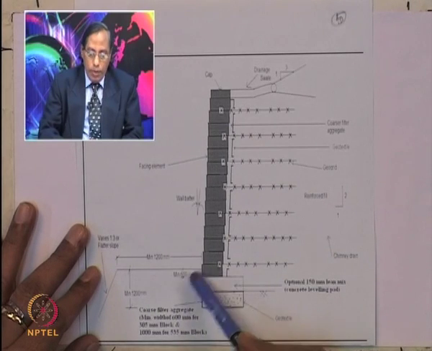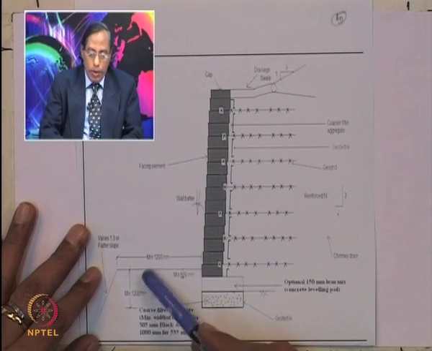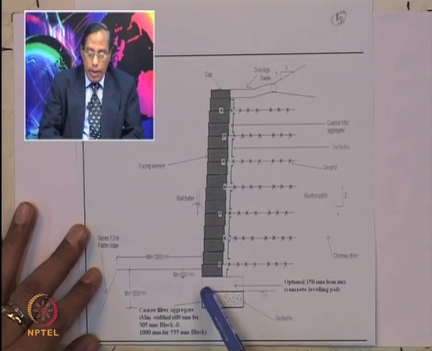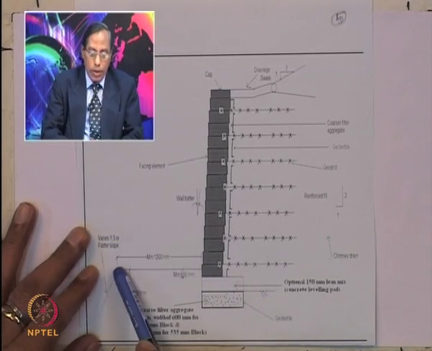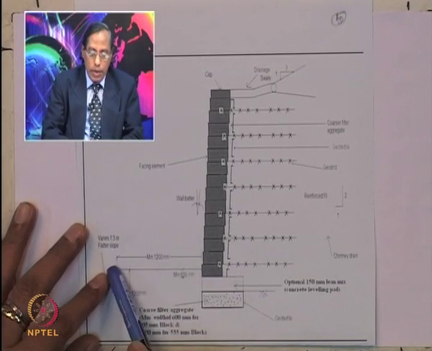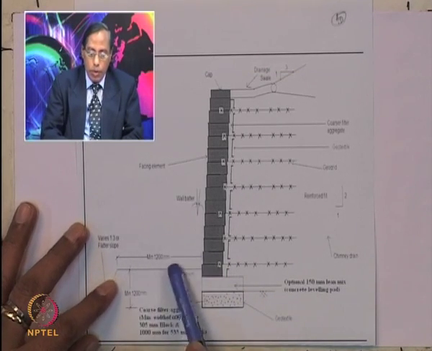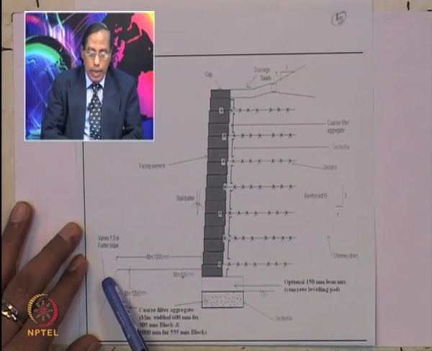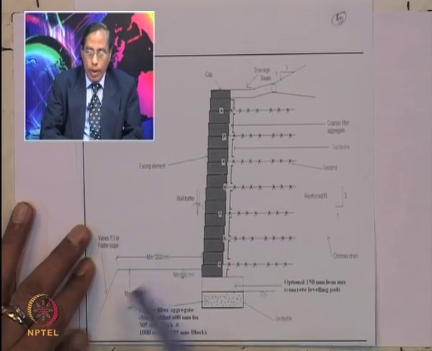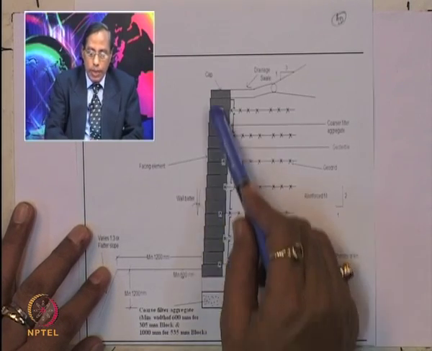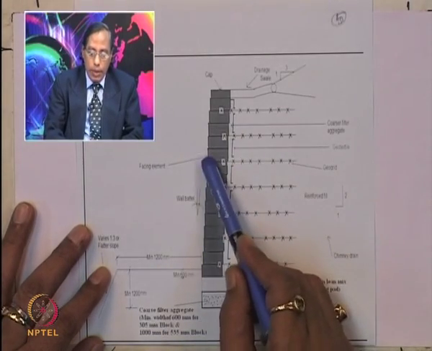From here this distance will be about 1200 millimeter, and here minimum about 600 millimeter. You require a certain distance from here where the drain is out, this is minimum about 1200 millimeter, and then 1:3 or a flatter slope.